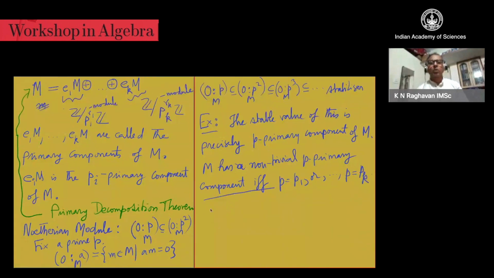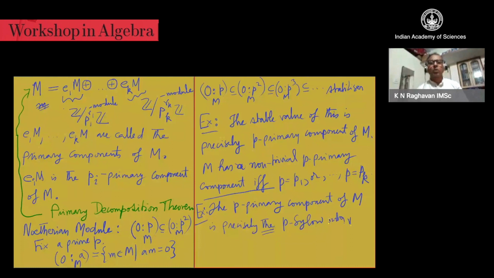We know Sylow's theorems, and so the P primary component, let's take this as an exercise, the P primary component of M is precisely the P Sylow subgroup of M. Now, why am I saying the P Sylow subgroup?